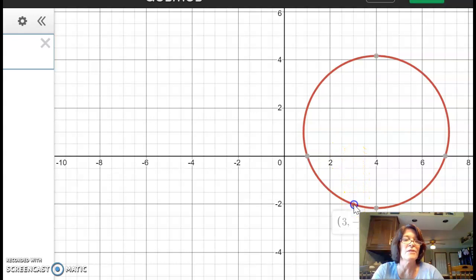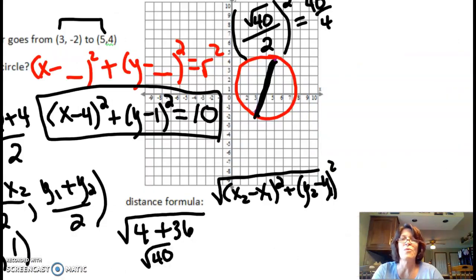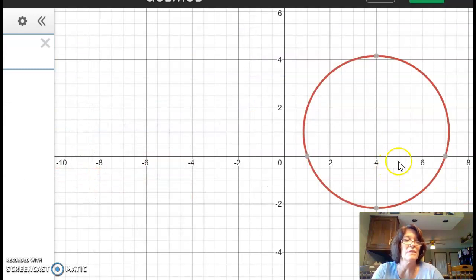Yep, that's right there on the graph. And 5, 4. That looks like that's on the graph. Sometimes I can't grab it. Yeah. You got the idea. 5, 4 is there. Okay.